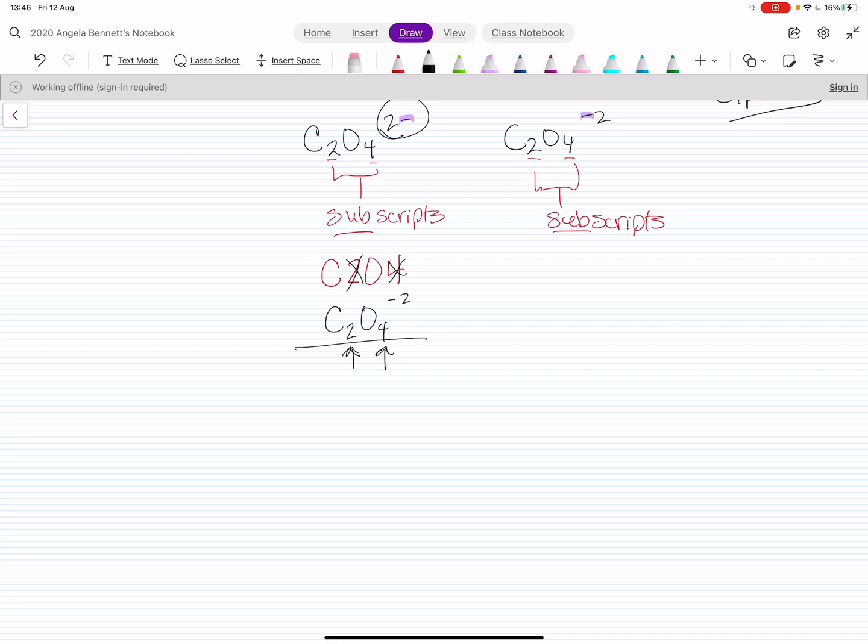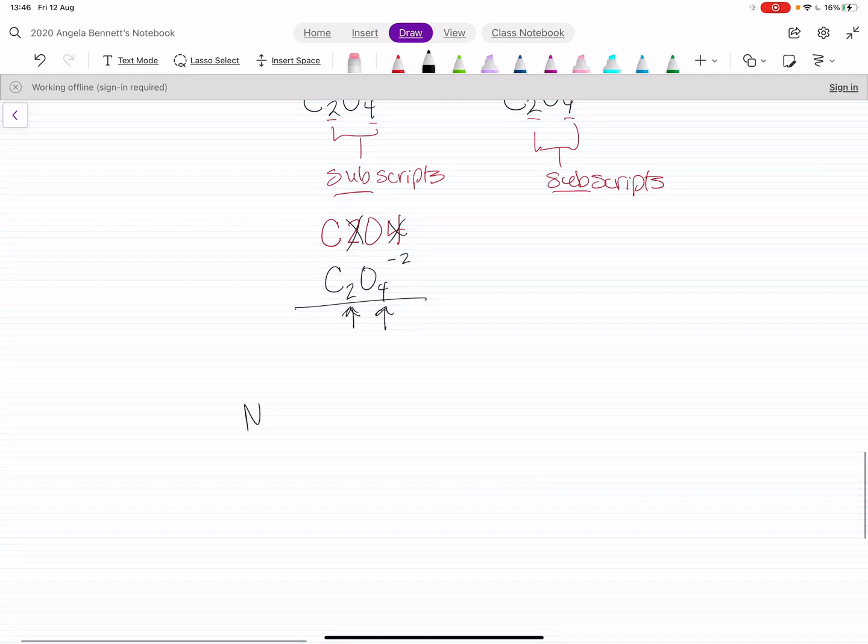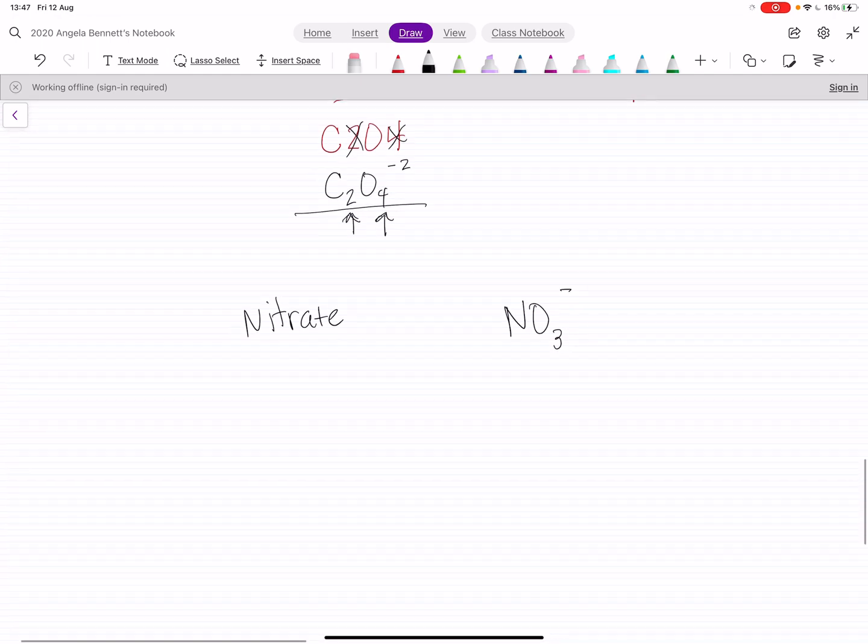So for example, if I give you the name nitrate, then you need to know that is a capital N, a capital O, a subscript 3, and it's a -1. If I give you the symbol, let's do this one.